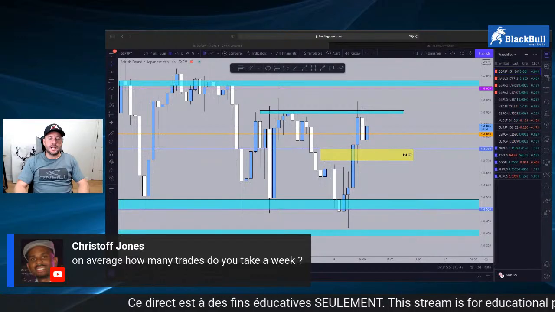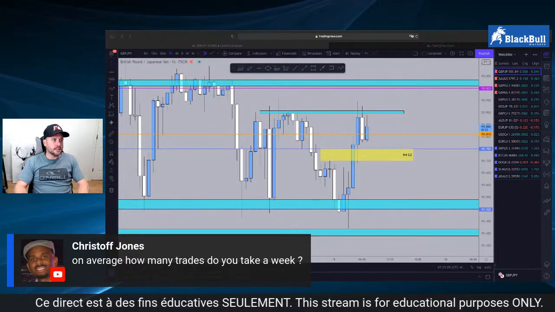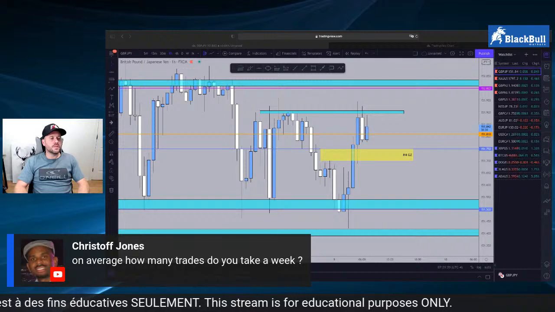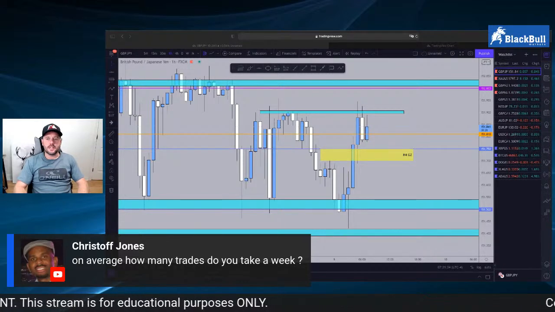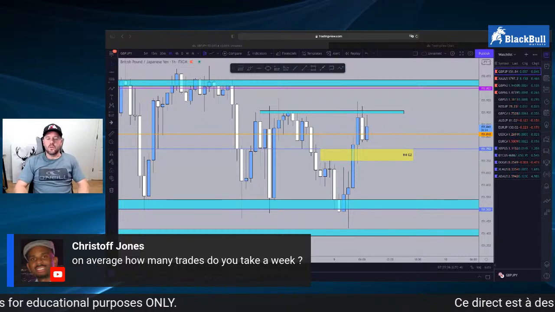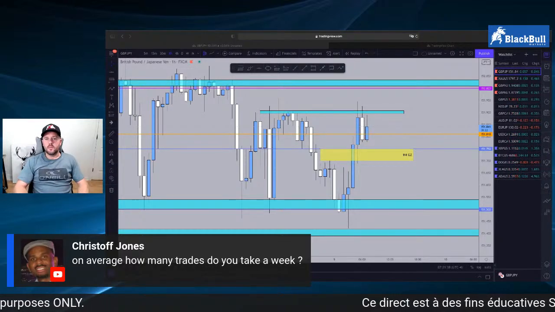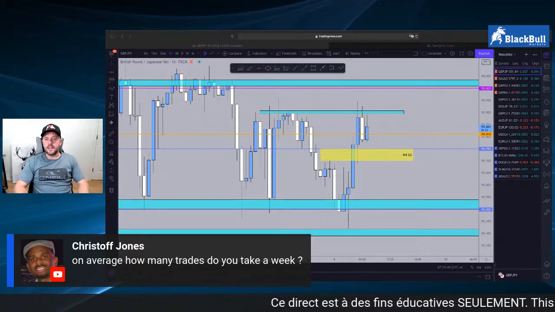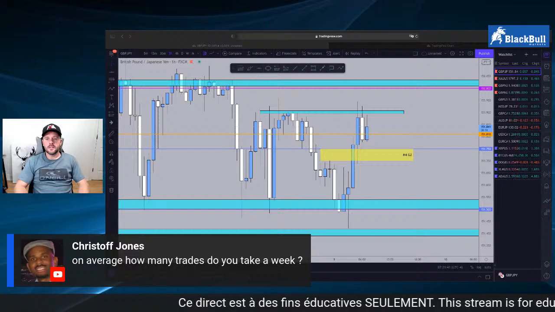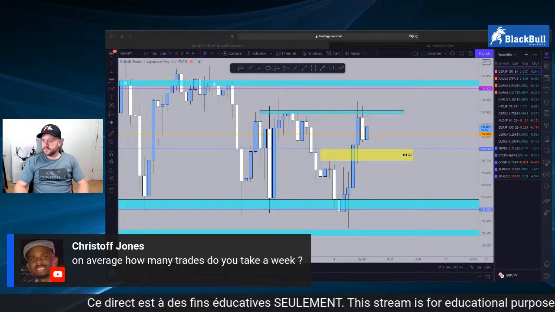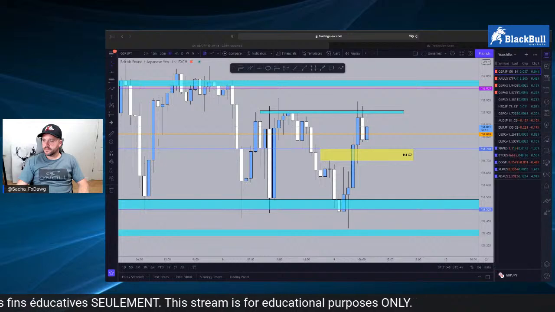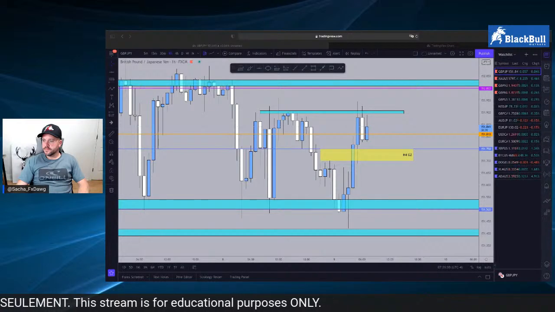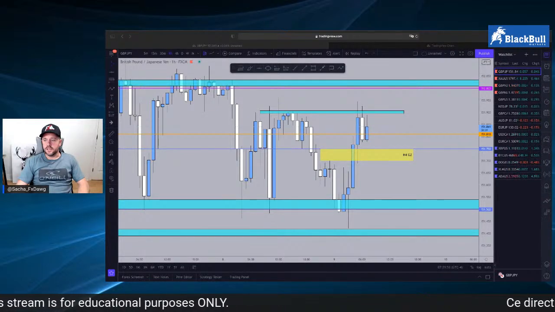I will definitely count that as one trade idea. So most of the time I will trade one or two trade ideas per session. So per week, probably anything between 5 and 10, I guess. Well, yesterday destroyed that average.